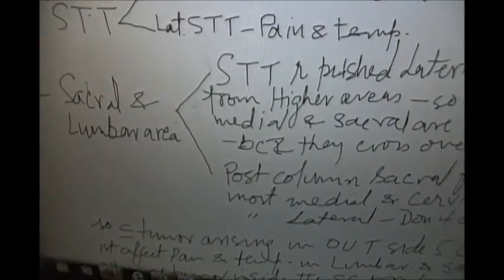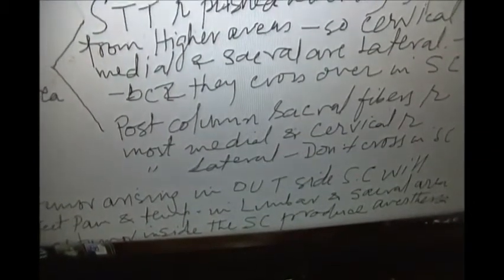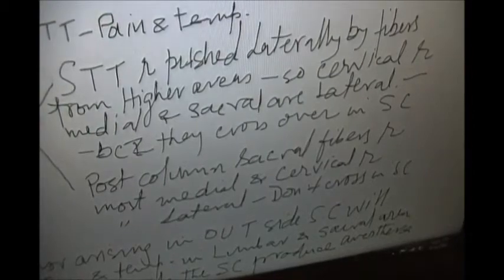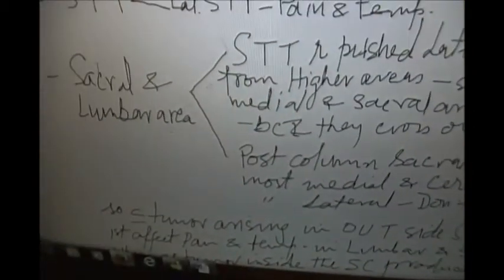So in the posterior column, the fibers for fine touch, pressure, vibration and proprioception, the cervical fibers are lateral, and the sacral are the most medial fibers.